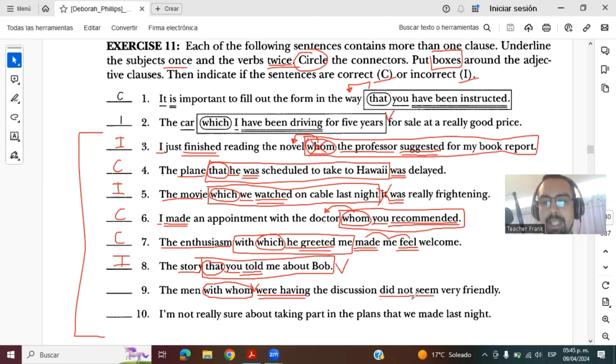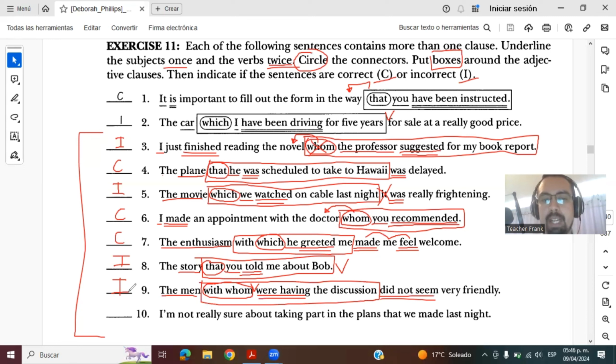Who or what did not seem very friendly? The men, this is my original sentence. The men did not seem very friendly. So all of this is going to be my adjective clause, with whom we're having a discussion, but it's incorrect because we're missing the subject, with whom we were having the discussion, right? So we need the subject in this case for we're having, and yeah, it's incorrect.